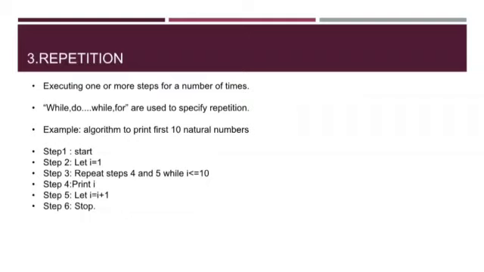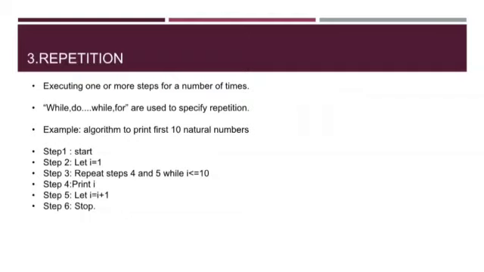For example, an algorithm to print the first 10 natural numbers: step 1, start the algorithm. In step 2, I is initialized to 1. The third step is to repeat steps 4 and 5 while the condition I is less than or equal to 10 is true.